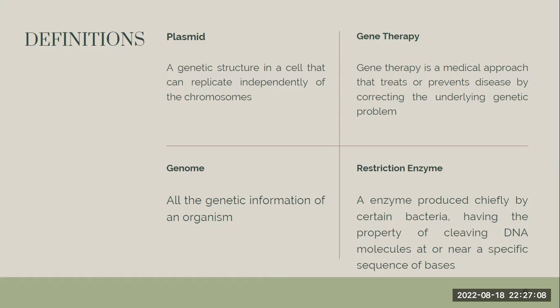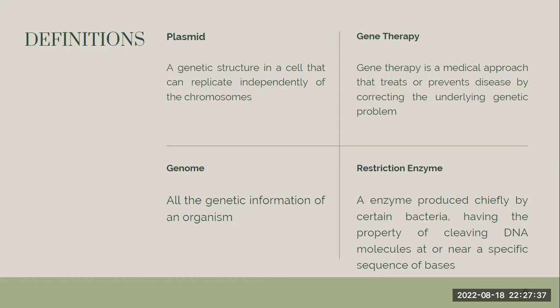This is usually something the bacteria use to protect themselves against other predatory bacteria or viruses. So this technology has been exploited in recombinant DNA technology. We'd use a restriction enzyme or enzymes to cut a specific sequence of DNA.